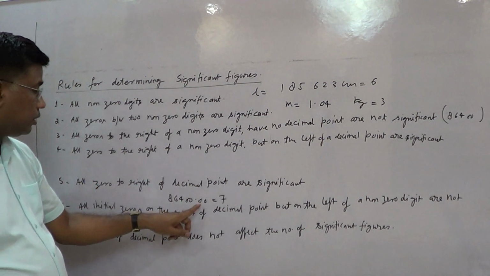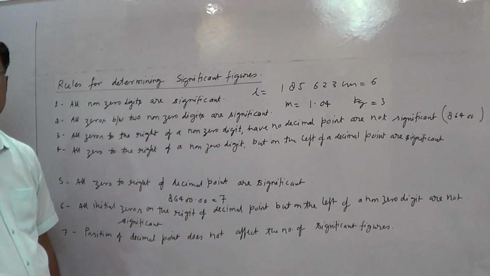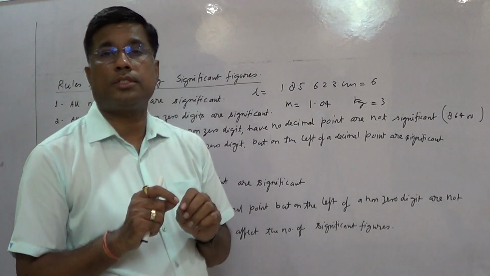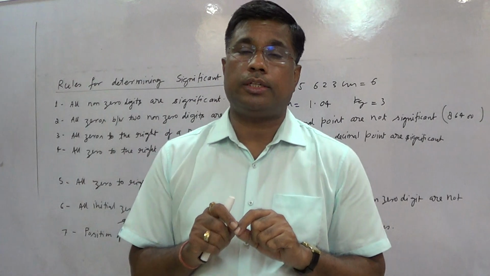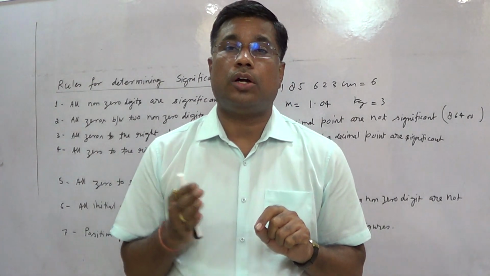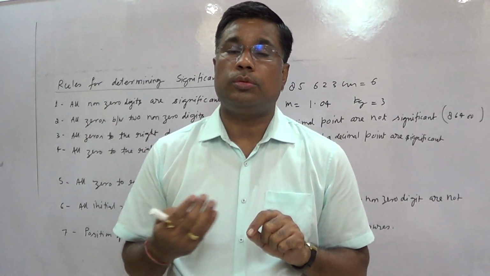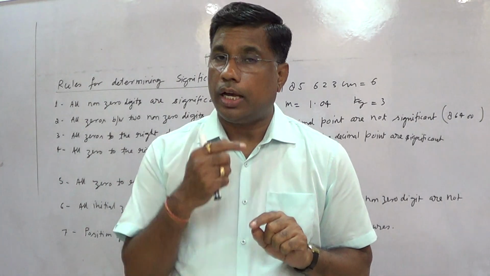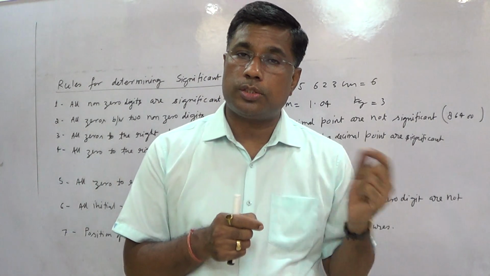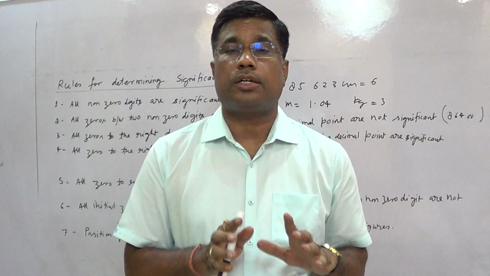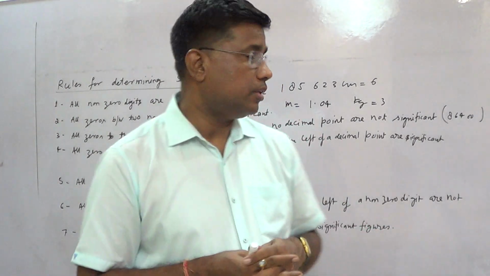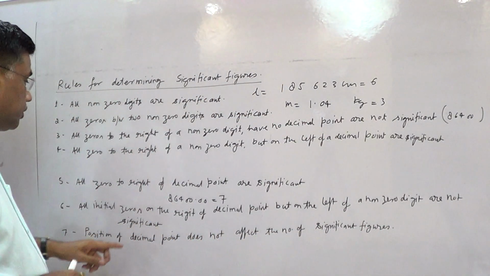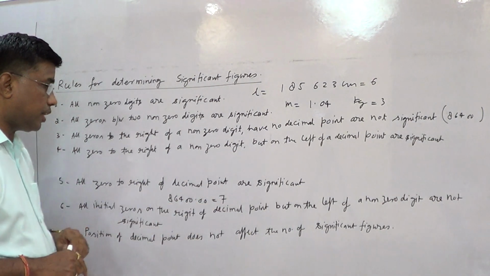From the fifth law, these two zeros are also significant. So if a decimal is written in a measurement, then the zeros lying to the left of the decimal are significant, and the zeros lying to the right of the decimal are also taken as significant figures. So in this measurement, there are a total of 7 significant figures.